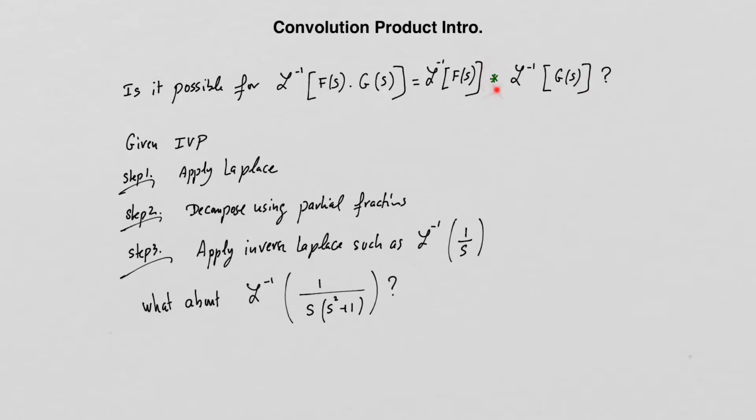But is there such a product, some unique product, not necessarily the multiplication that we know, but some convoluted product? The answer is yes, and that's the beauty. And I put it in green so that you don't think it is the typical multiplication, okay? And that is essentially what we want to be able to do. Wouldn't you love to split the inverse Laplace of some ugly products into the inverse Laplace of each piece?